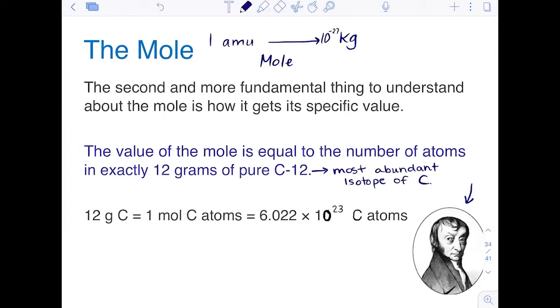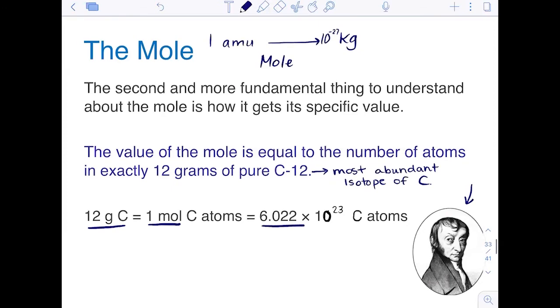So most abundant element, carbon. Most abundant isotope of carbon, carbon-12. So exactly 12 grams of carbon is equal to 1 mole. And Avogadro determined that that is 6.022 times 10 to the 23rd carbon atoms.